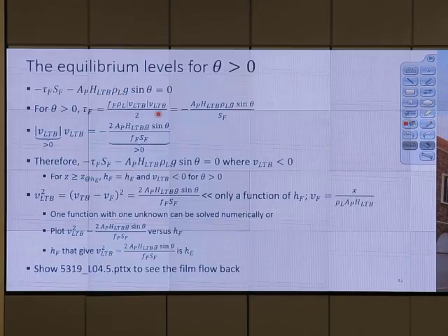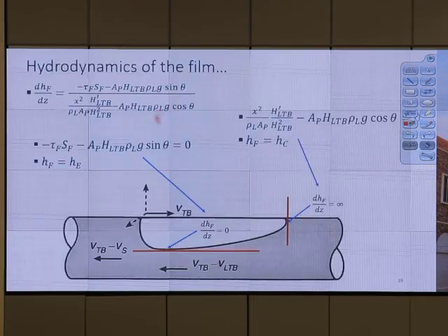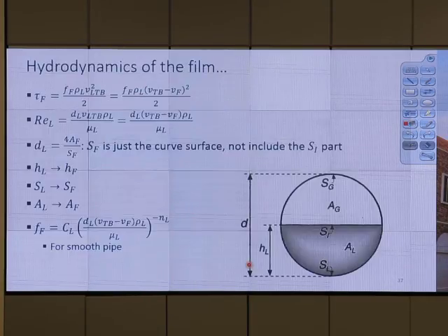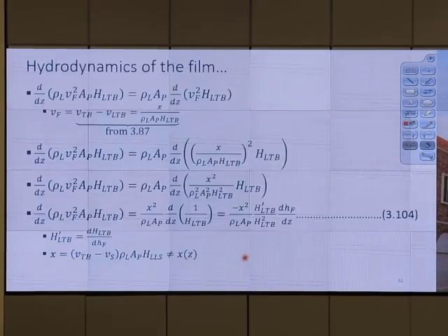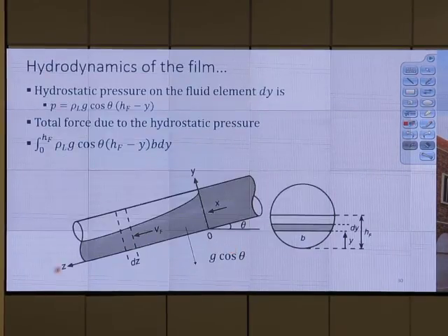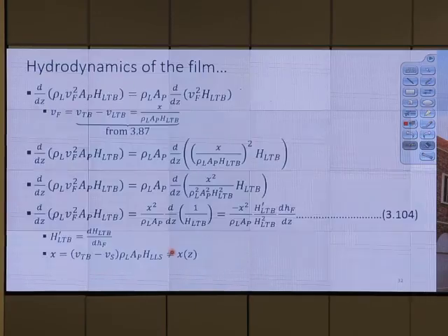Positive z or negative z for V_LTB? Yes, backward to the floor. That is the direction of z. Okay.